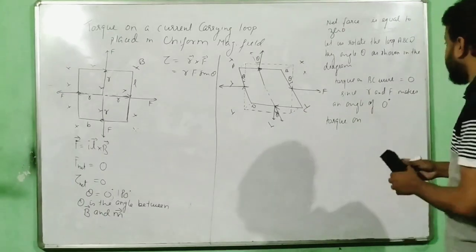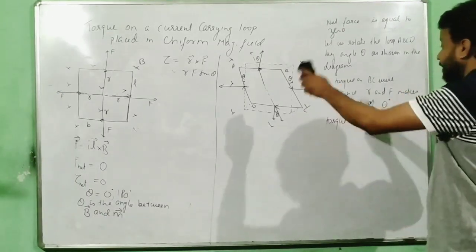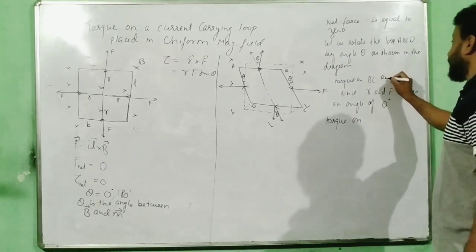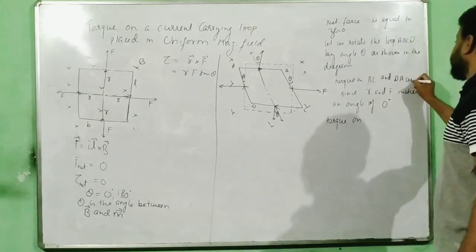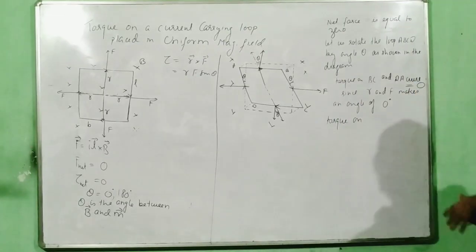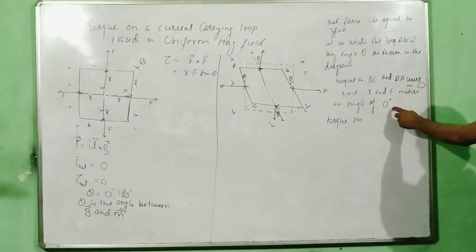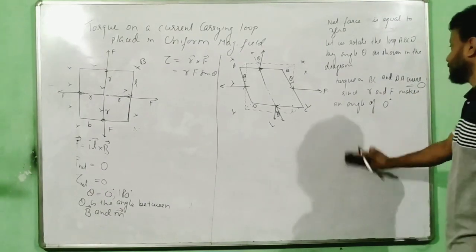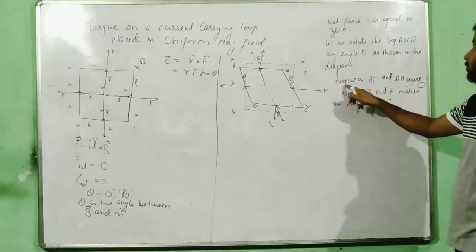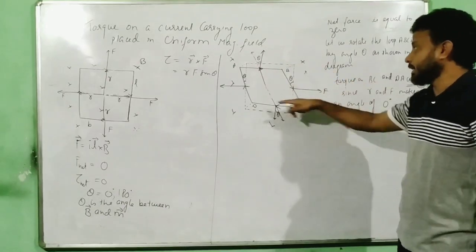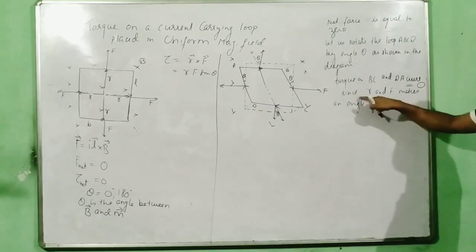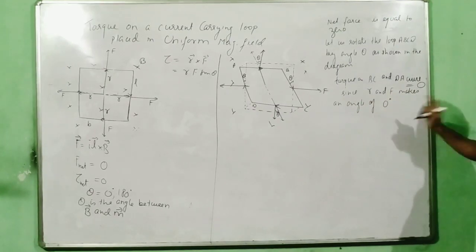You can write both together: torque on BC and DA wire is equal to 0 since R and F make an angle of 0 degree, so torque will become 0. Just write this one; you have to write this to get 1 mark.